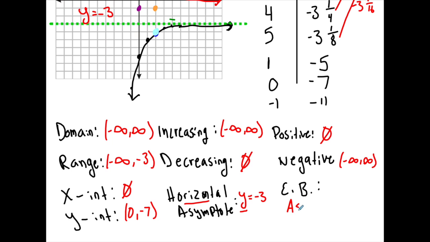Finally, end behavior, as x goes to negative infinity, f of x goes to negative infinity. In other words, the limit as x goes to negative infinity of f of x equals negative infinity. And as x goes to positive infinity, f of x goes to negative 3.